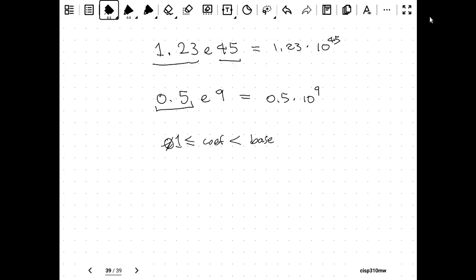Because we're dealing with base 10, it has to be less than 10. So 9.99999 still makes a good mantissa. But as soon as you get to 10, it's not a mantissa anymore. It is still a coefficient, but we cannot call it a mantissa anymore. Are we good so far?